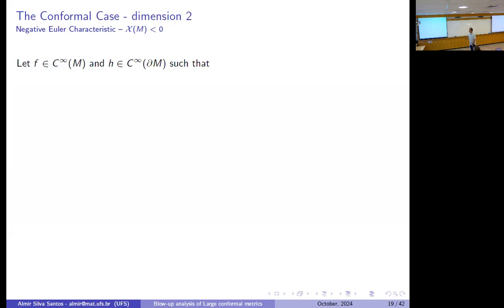Now, we consider two functions f and h with these assumptions. They are non-positive, the maxima are equal to 0, and they are not identically 0, right?